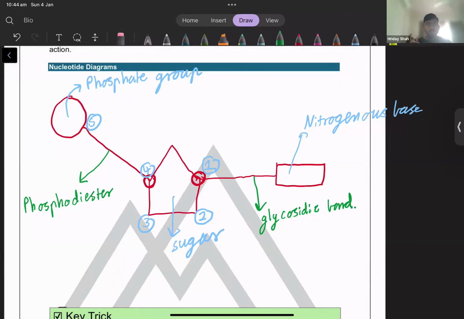However, if you remember, I said for nucleic acids, the polymer is the nucleic acid and the nucleotide is the monomer, but you have two types of nucleic acids. You've got DNA and you've got RNA. And therefore, you also have two types of nucleotides, one for each: the DNA nucleotide and the RNA nucleotide.